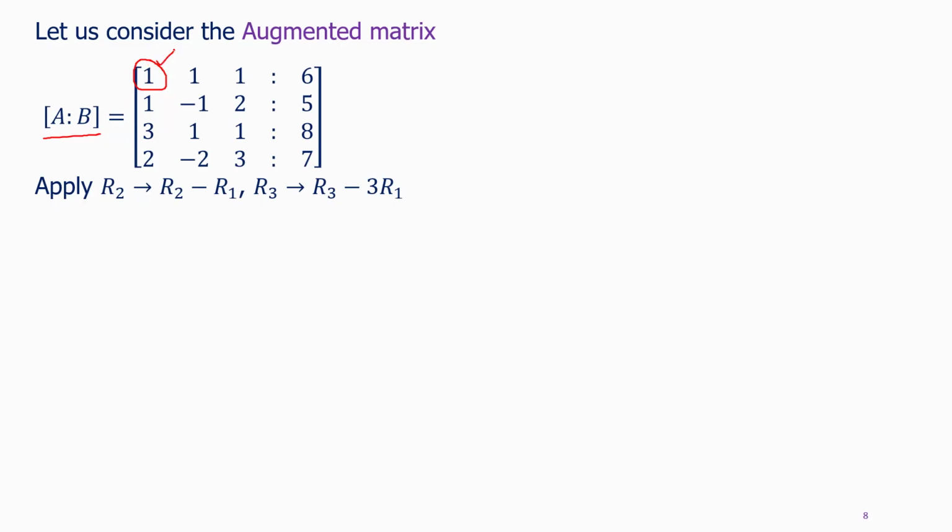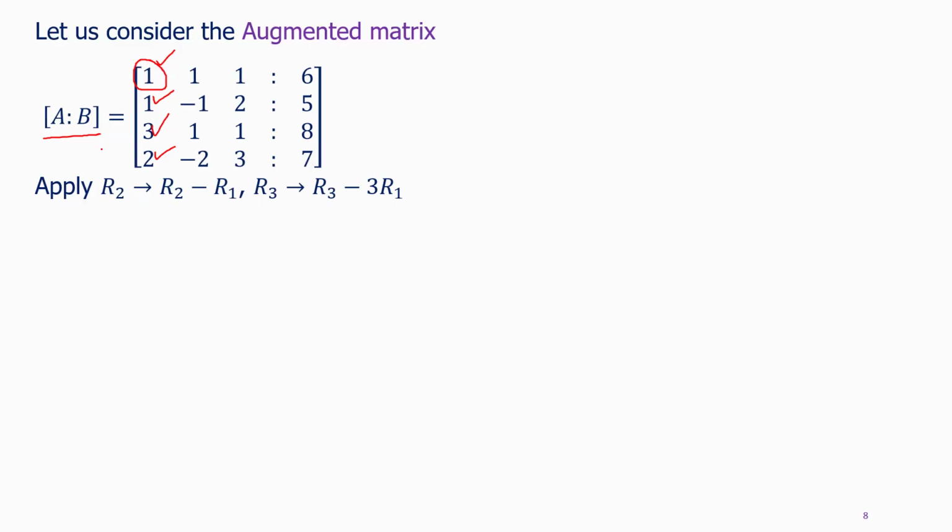So with the help of this A11, we have to make the entries below it 0 by only using row operations. If you want to convert any matrix to its equivalent form, we have to only apply row operations. We are not able to apply column operations. It is not permitted over here.